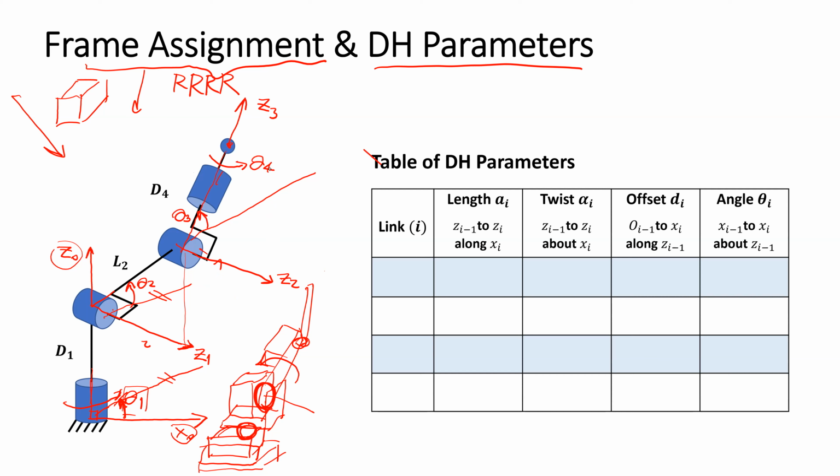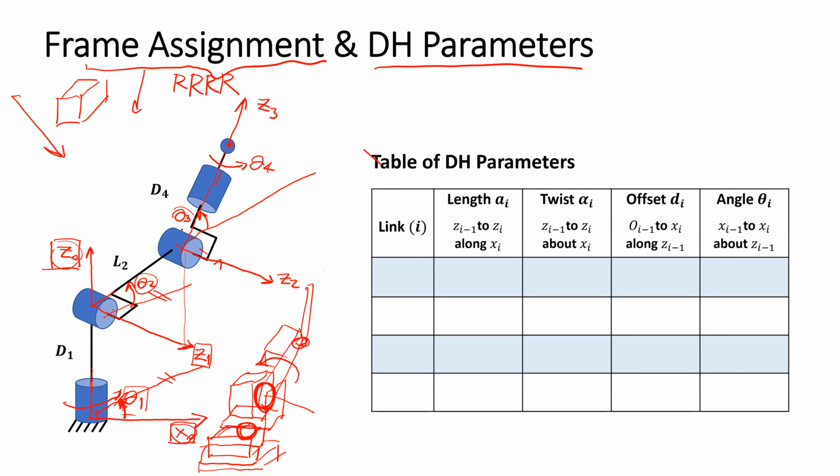Okay, we have x0 and z0 like this, and at the axis of rotation of theta 2 we have frame 1, z1.